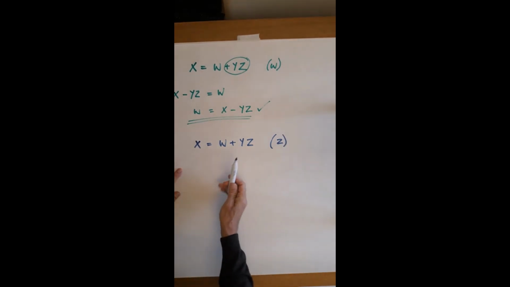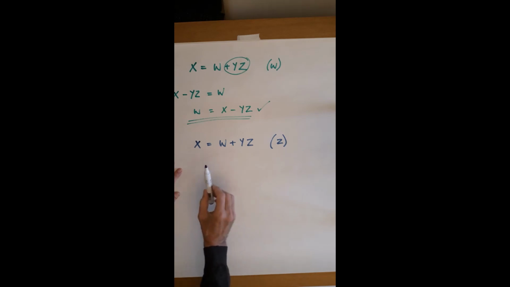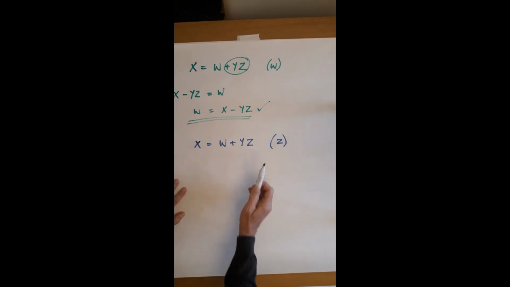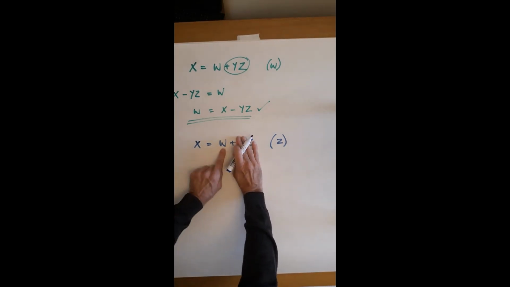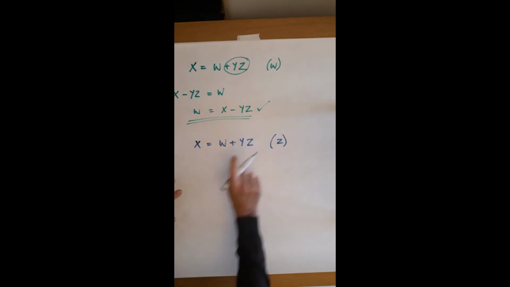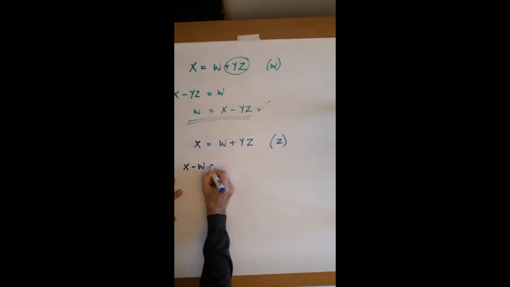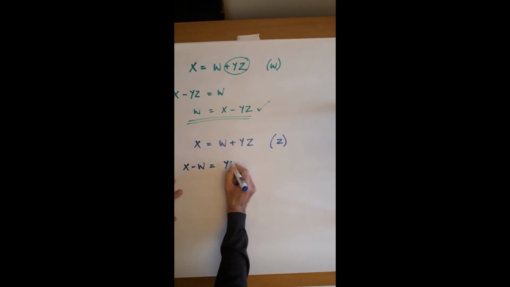What makes this different is we have to think about the priorities that we do our calculations in, and we need to do the addition and subtraction before we do any multiplication and division. So this is what we want, so we need to move this away. So w is added, so your first step is to take w away. X minus w equals yz.